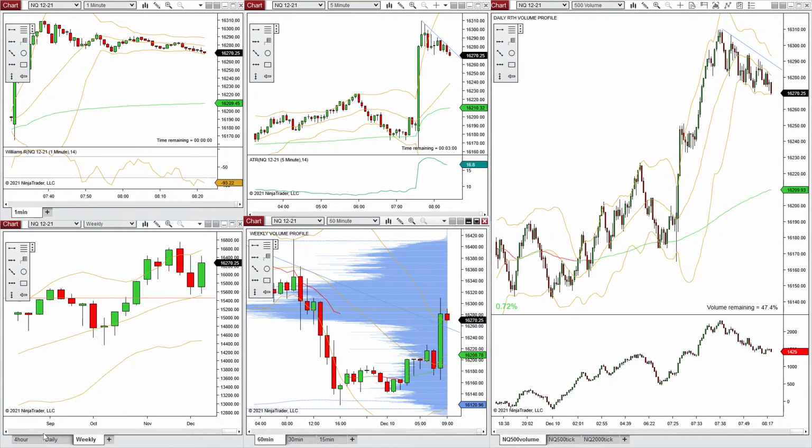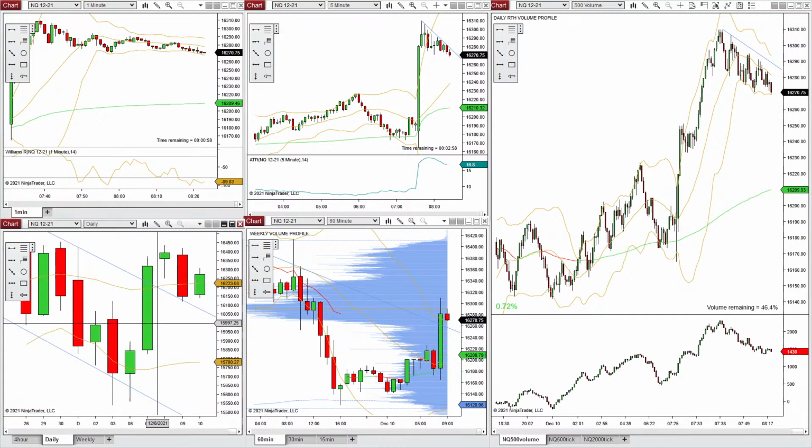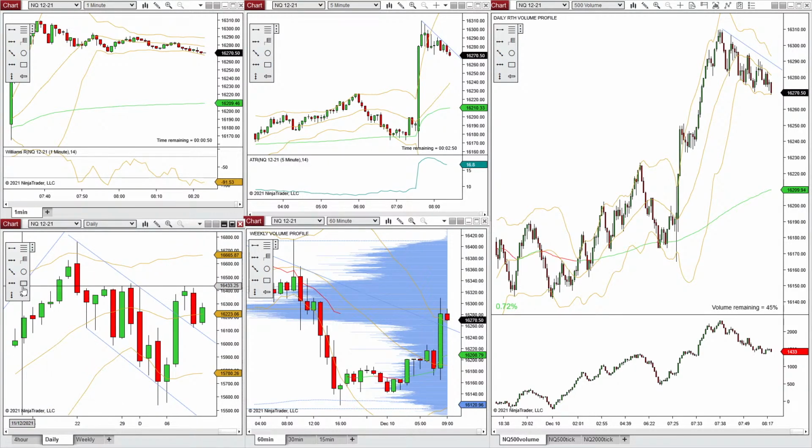But price would really, for me, need to get up above this daily 16,430, 16,450 level, which I can draw out, for me to be really convinced that we're going to come up and hit all-time highs again. Somewhere up here, if you can see that blue box I'm drawing. So that would be my technical analysis for today: buy it as we break that level going up.